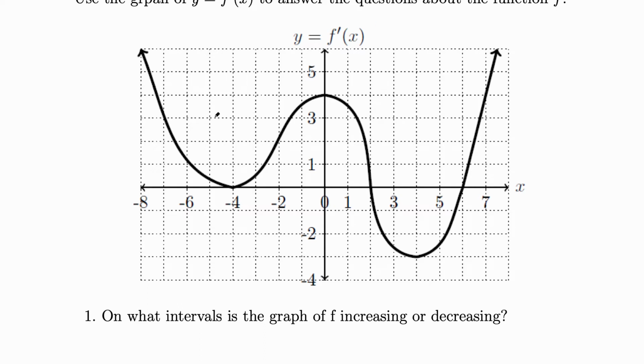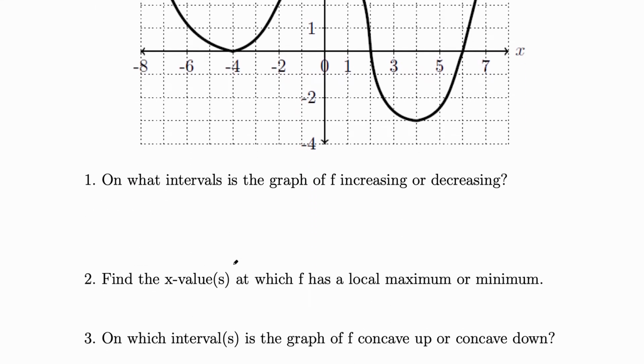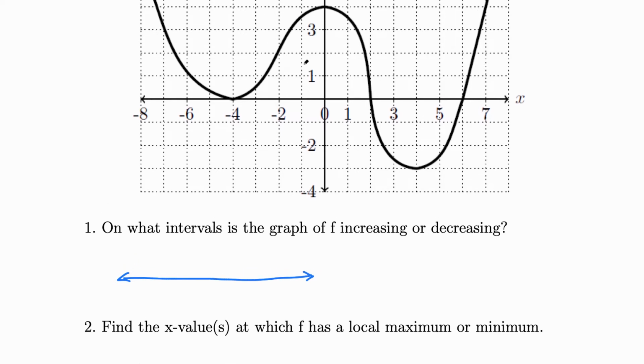So look at this graph. This is the f prime graph. Now let's make a sign chart to see where the function is increasing or decreasing. Here is the domain.